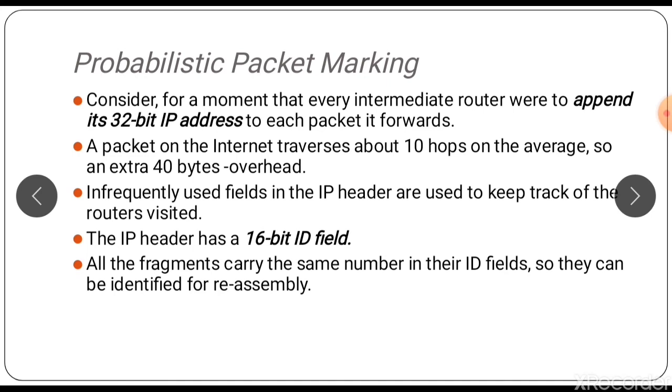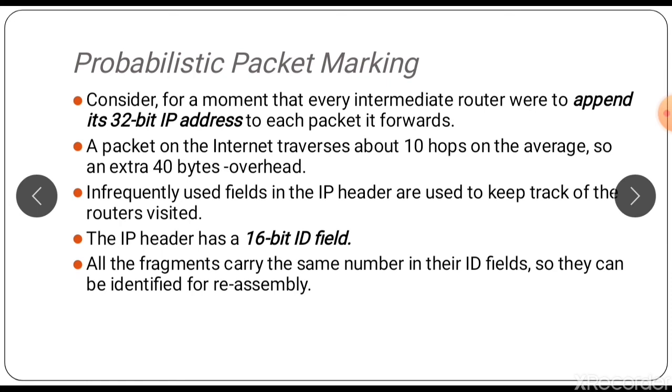So instead, existing but infrequently used fields in the IP header are used to keep track of the routers visited. The IP header has a 16-bit ID field. This field provides support for packet fragmentation and reassembly.